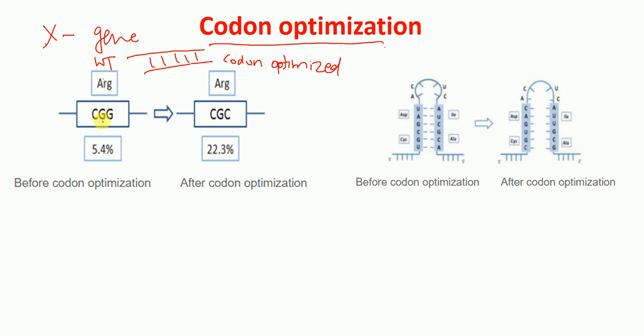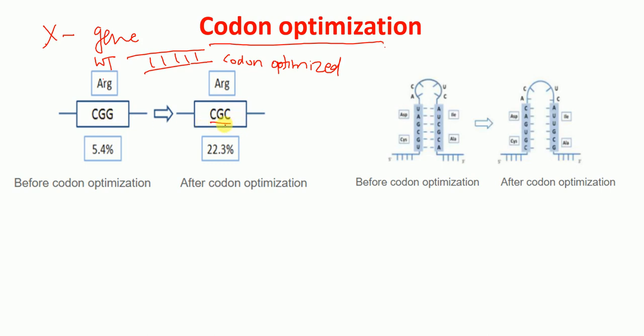This CGG codon is present in our wild type gene. Before codon optimization, the GC content is 5.4%. After codon optimization, we replace this CGG by CGC.